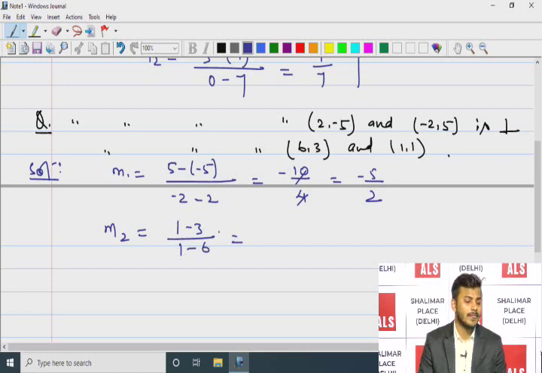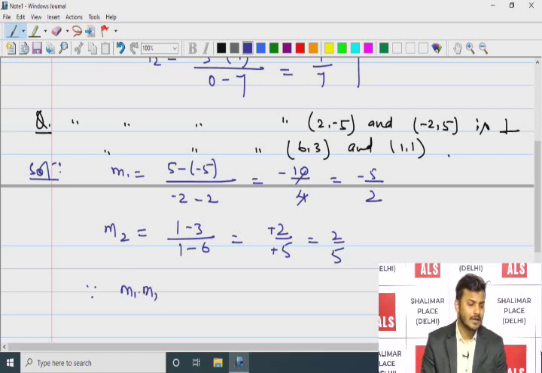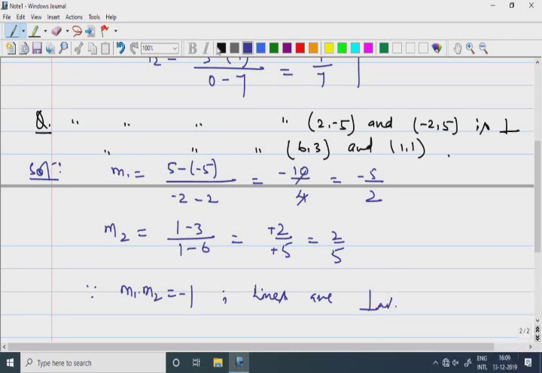So we get minus 2 divided by minus 5, which is 2 by 5. Minus minus we have cancelled. Clearly, as we have m1 into m2 equals minus 1, or we can say m1 equals minus 1 upon m2, that means lines are perpendicular. That's the answer.